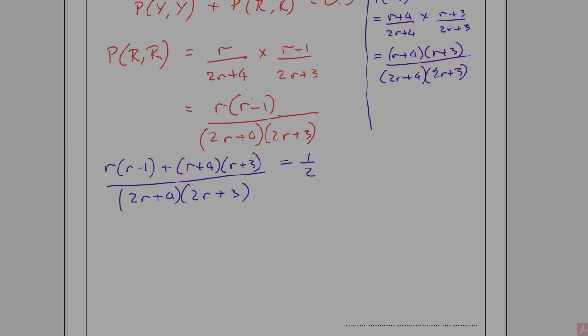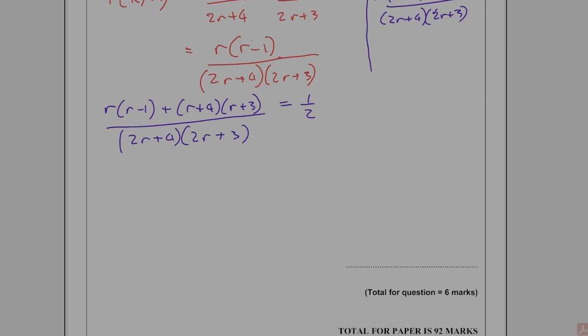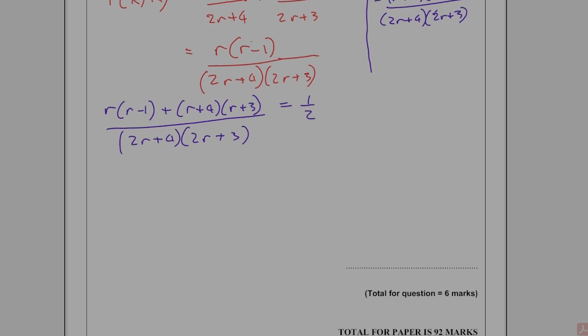Right. So if I multiply through by the denominators and probably by 2 as well, that might tidy things up a little bit. I'm going to do it by R, and I'm going to run all of my brackets as well.